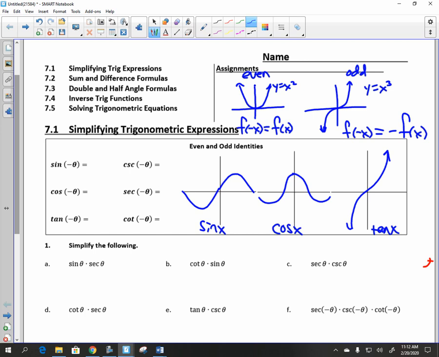And I want you to look at the graphs. Is sine of x, do you think that that's an even function or do you think it's an odd function? It is odd. Do you think cosine of x is even or odd? It is even.